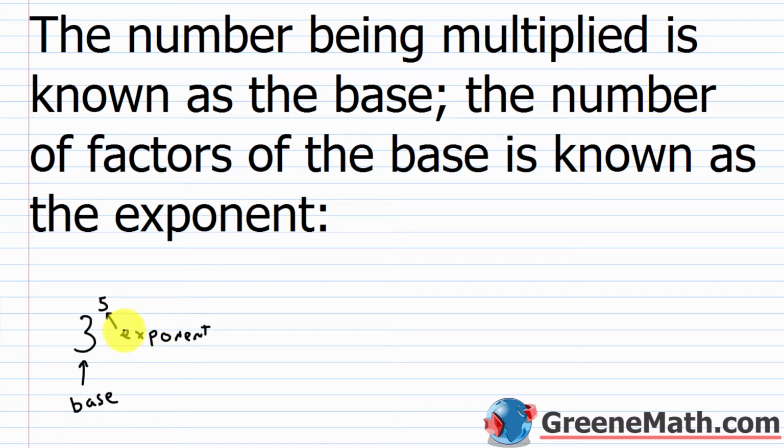This again tells us how many factors of the base that we have. So 3 to the 5th power is equal to 3 times 3 times 3 times 3 times 3. You have 1, 2, 3, 4, 5 factors of 3.